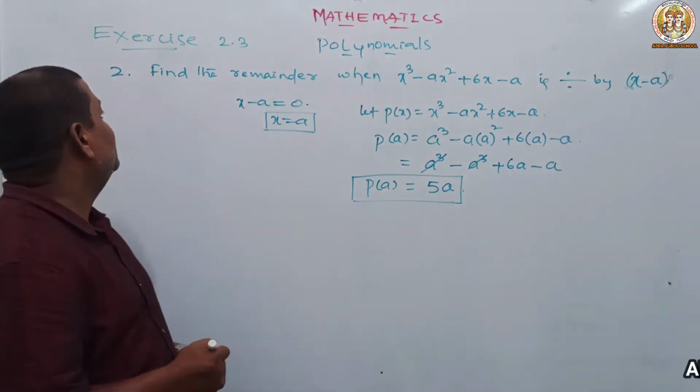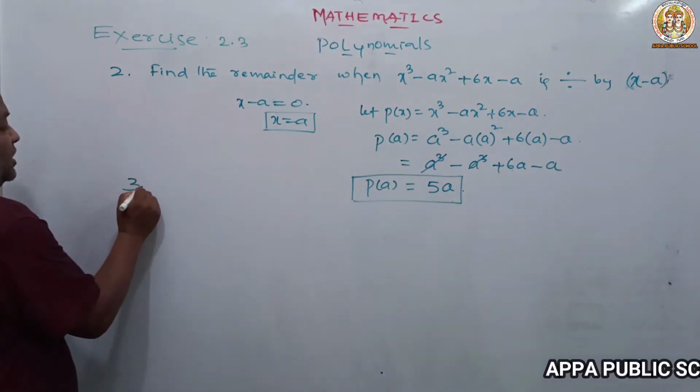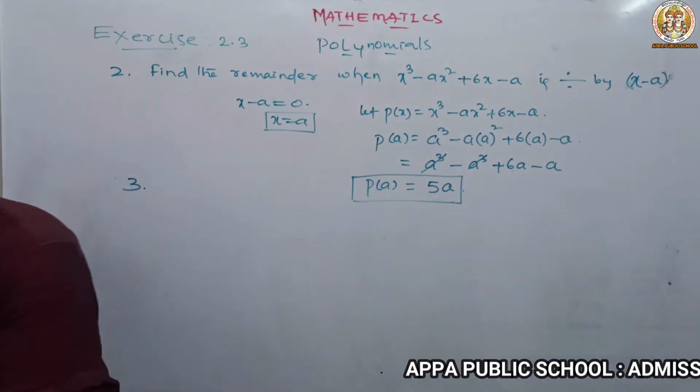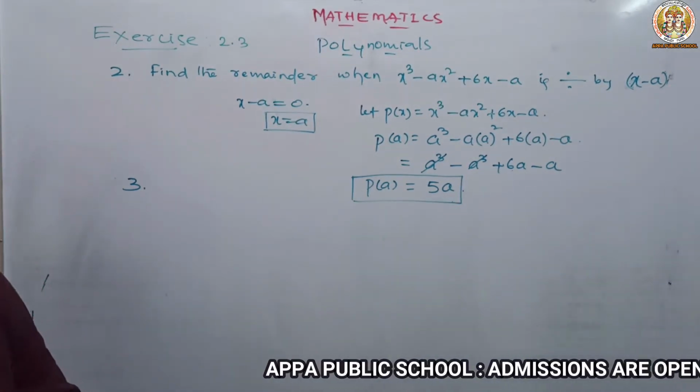One more sum of this bit, means this question, third bit. Let me write the question on the board.